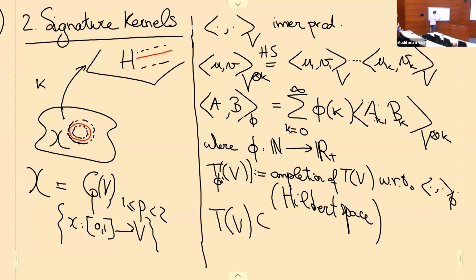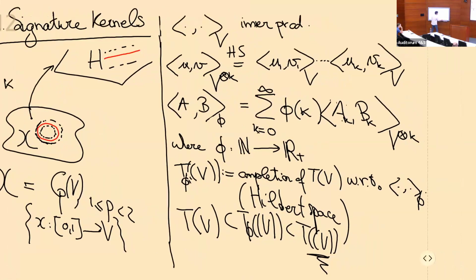It is included in this space, T_phi(V), and this space is included in the big one, T double bracket V. We know that the signatures live in this one, right? So now what we would like to ensure is that this middle space, T_phi(V), is big enough to contain signatures, and then we can take inner products. That's quite clear.